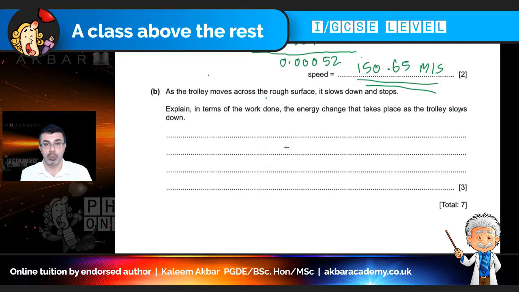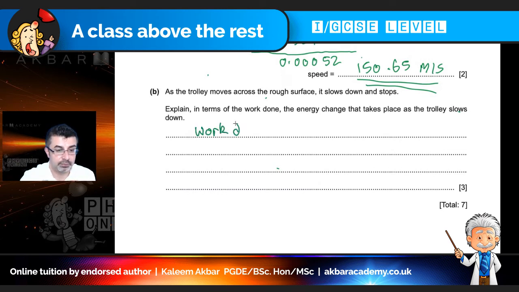In the old syllabus, we would normally call it wasted, and that's why it slows down. So let me write this down for you. Work done against friction.